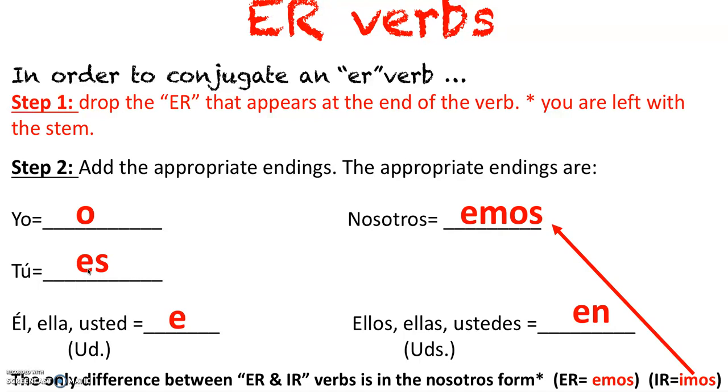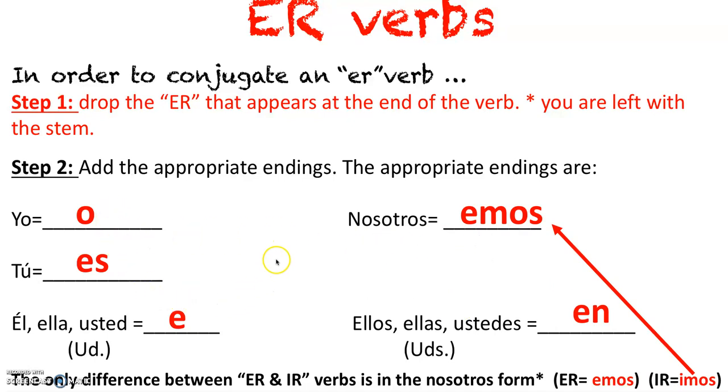There's one difference between ER and IR verbs, and that is the nosotros form. So for IR verbs, my ending is going to be emos with an I. Other than that shift in the nosotros form, you are now also looking at IR endings.